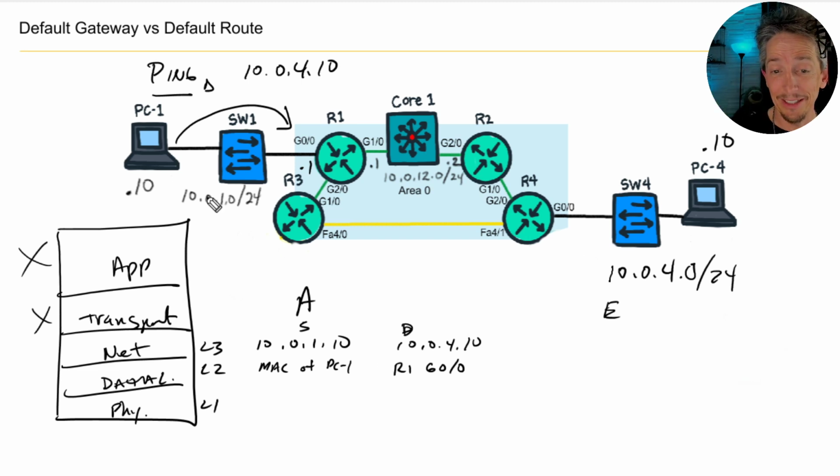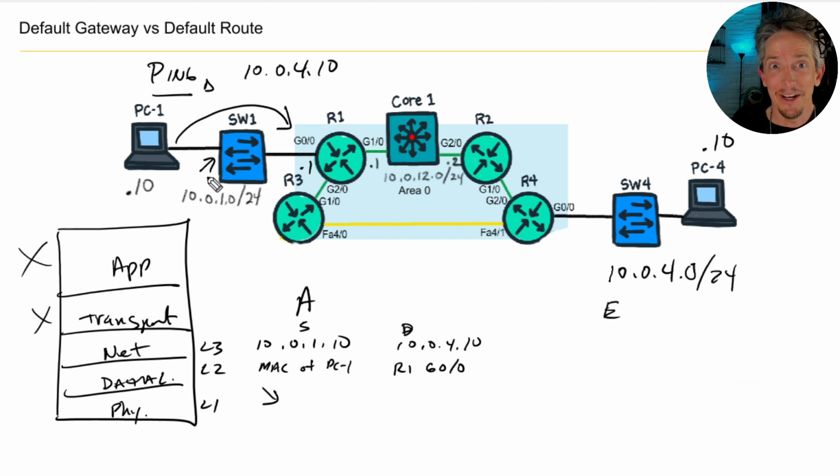So what happens then is PC1 encapsulates that. Encapsulation is a fancy word for wrapping it up with that information in those headers. So in the IP header, PC1 puts this. In the layer 2 header, it puts this, and then it spits them on the wire, like Morse code, one bit at a time. And those bits are then received at the switch.